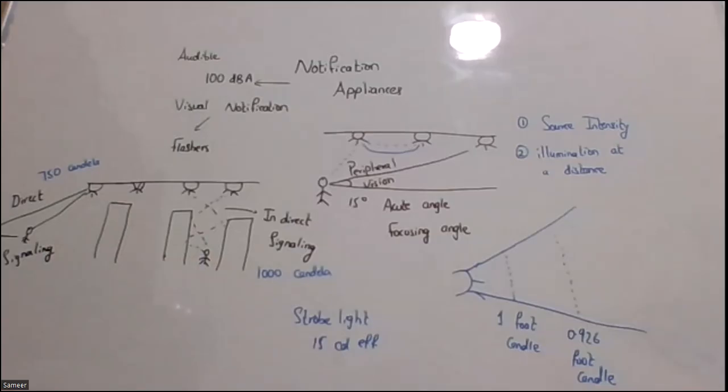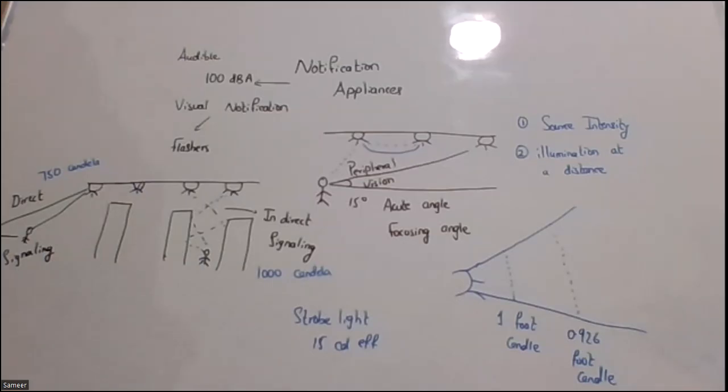Similarly, if we are talking about higher strobe intensities for non-sleeping areas, for example areas where we know there are hearing impaired people, they may require higher strobe intensities, so that if they are not aware, at least the illumination will disturb them and they will know there is some type of threat available.